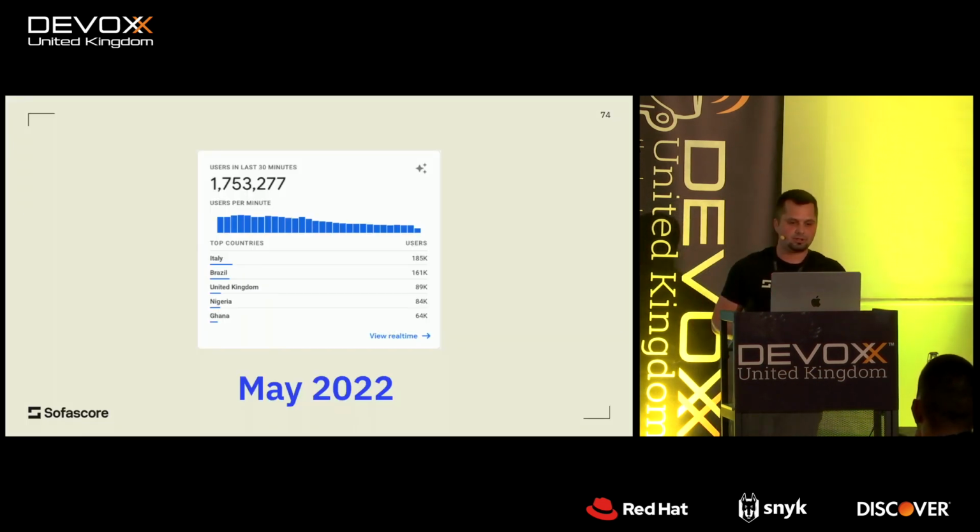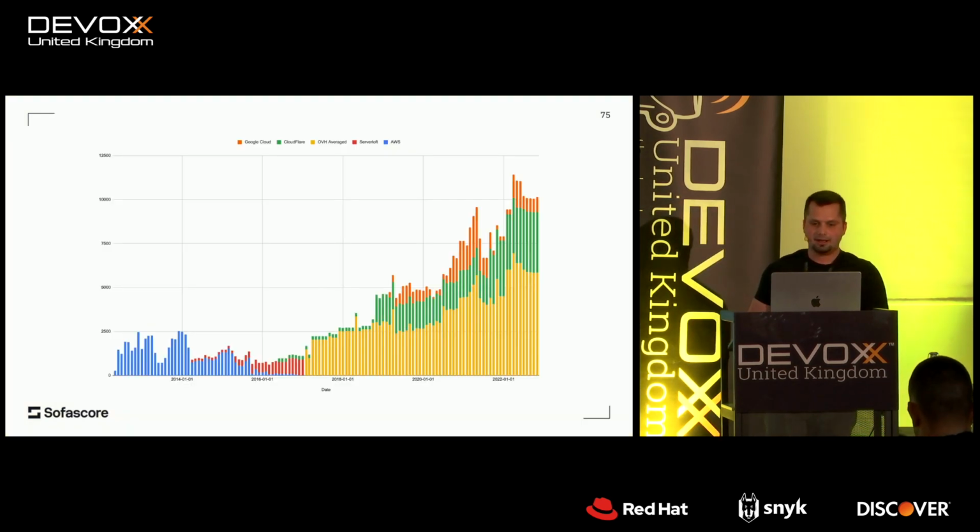So in 2022, we were at 1.7 million, almost 1.8 million users real time. And this is the graph with our cost. So it has increased after some time.